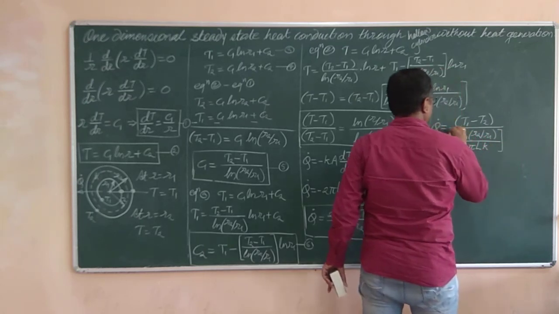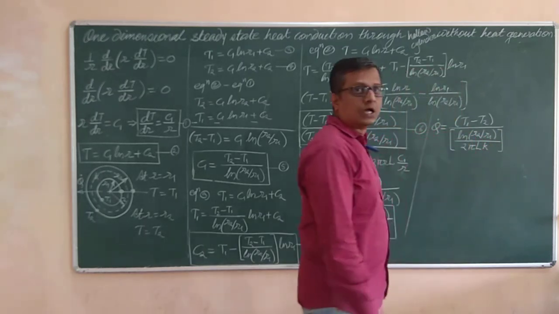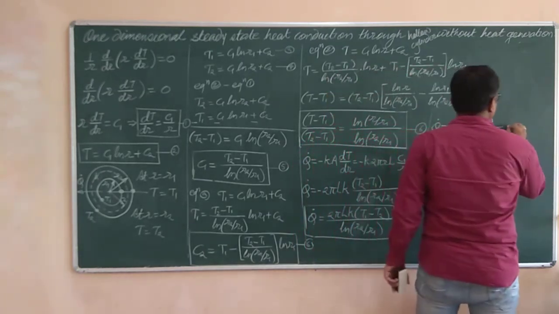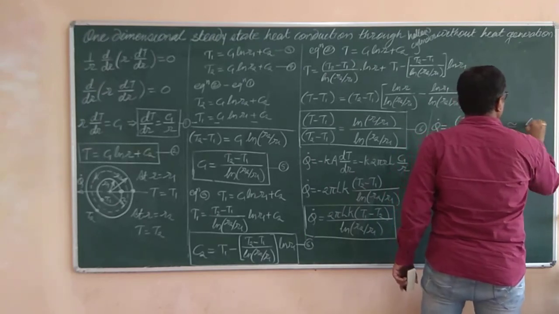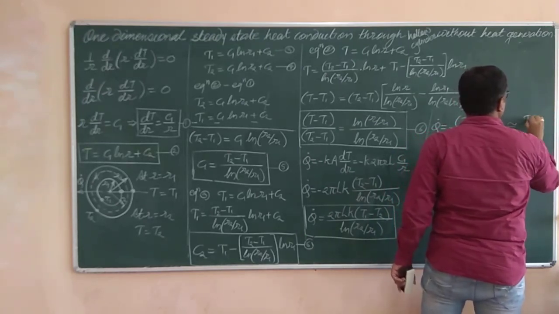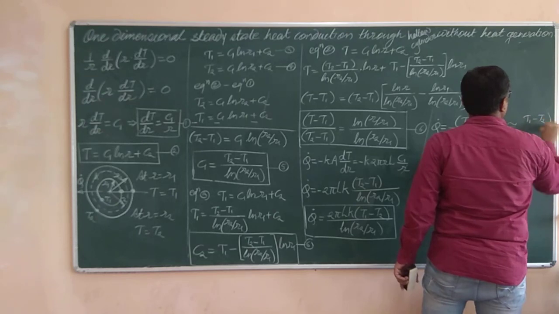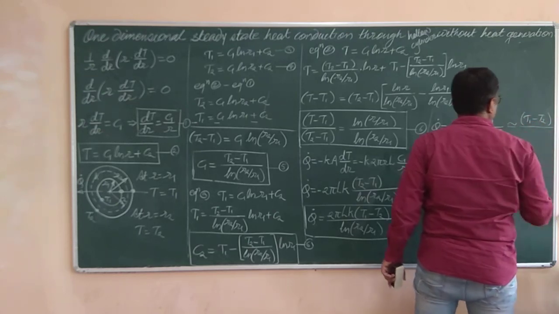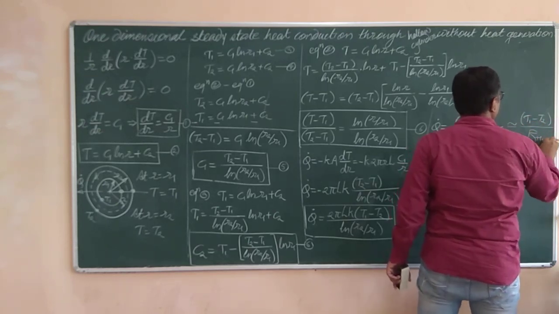This is a square bracket for the denominator, and I would like to equate the numerator with delta T, or say T1 minus T2. This is the driving potential for the flow of heat, divided by RTH.